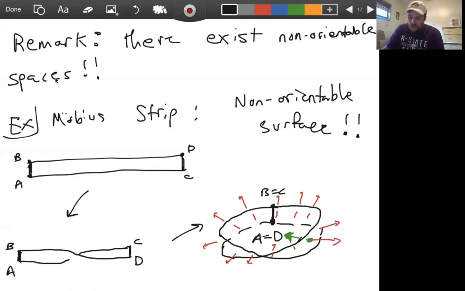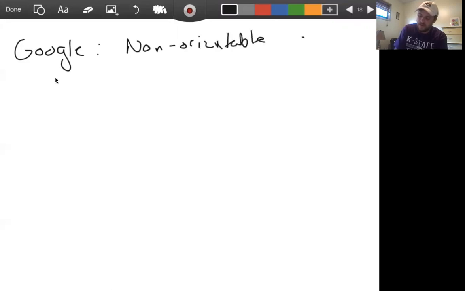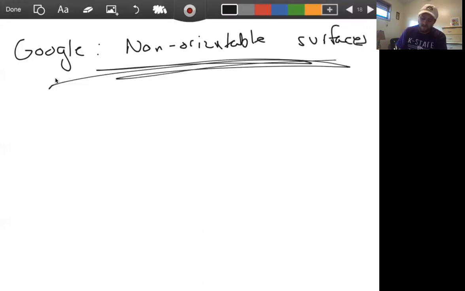I do want to say one more example that is very, very interesting of a non-orientable surface. I would definitely take a look. I would just Google or Wikipedia non-orientable surfaces. And take a look. I think it's very cool. Another example that's very cool is the real projective plane.